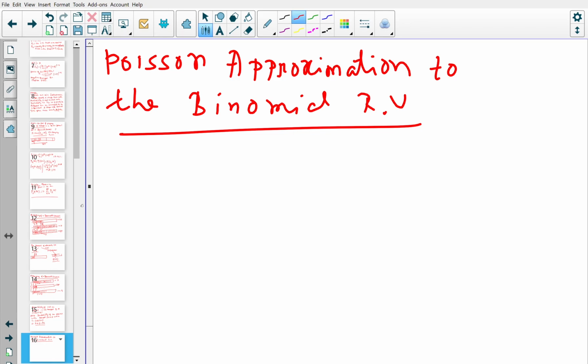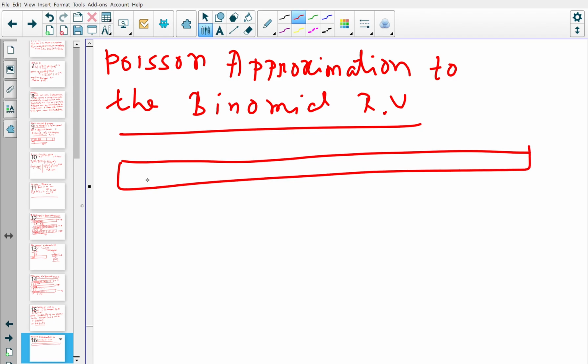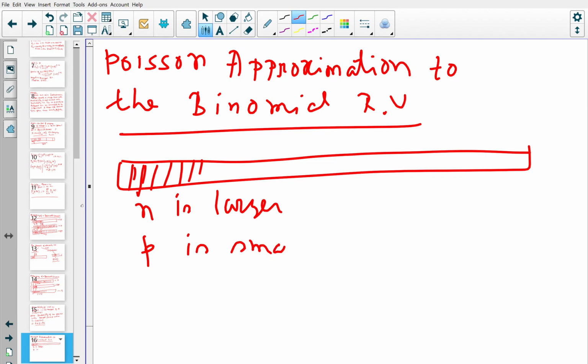see, the number of trials is huge, and the arrival time slots are very small. Okay, so n is large and the probability p is small, since the interval is small, but np is something moderate.